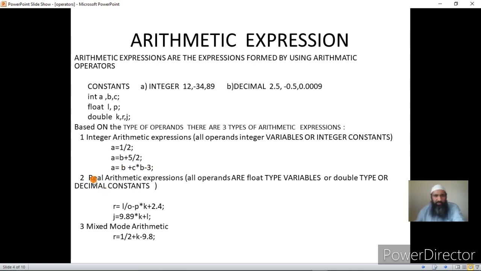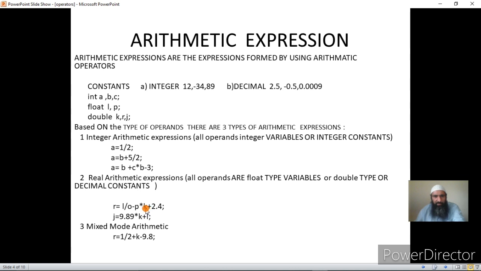For the real arithmetic expressions, I have to see that all the constants should be decimal constants and all the variables should be of the type float or real. Now if you see this expression, that is L divided by O minus P star K plus 2.4. If I see the constants, there is only one constant, that is 2.4, and this happens to be a decimal constant because it is with a decimal point.